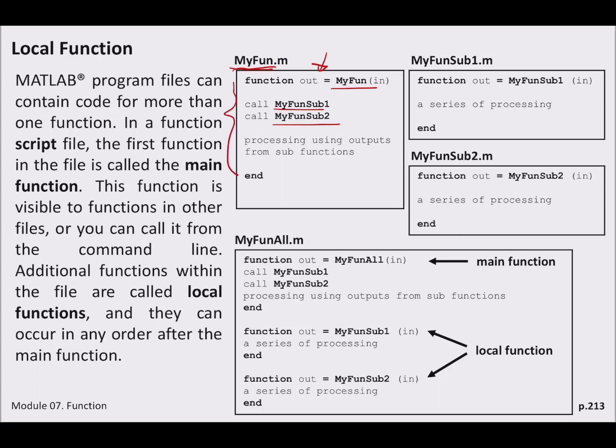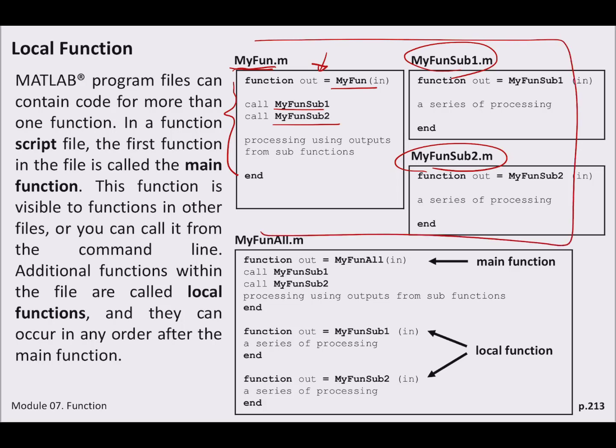For example, let's say my function needs two subfunctions to complete this operation. One way is to store these subfunctions in separate M files, so basically these are three M files. However, if my function sub 1 and my function sub 2 are only used for computing the output of my function here, and will not be reused for other purposes, storing these functions in this file is much more reasonable, right?